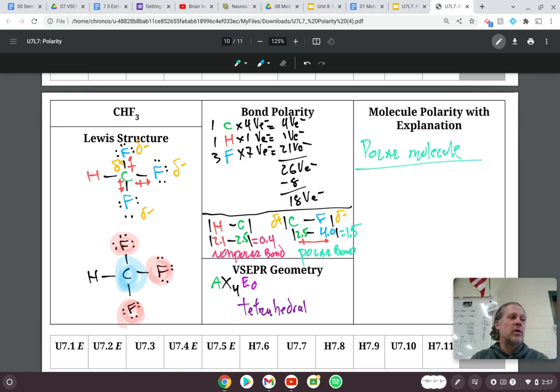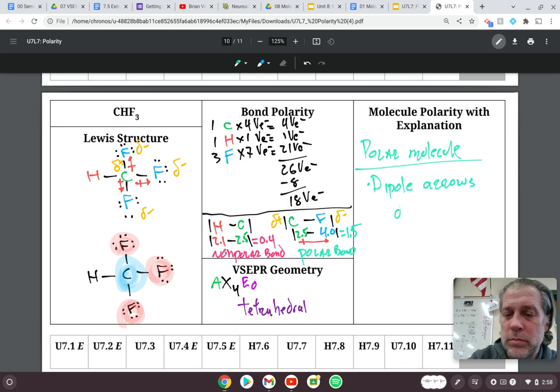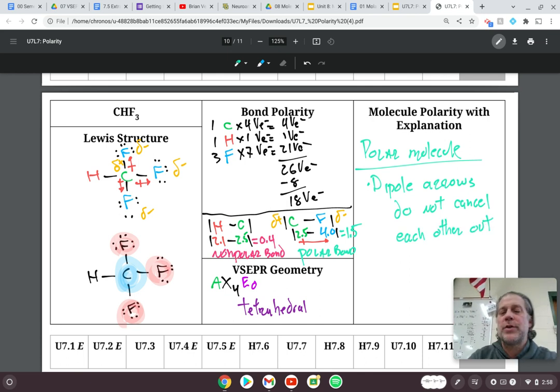It's going to be a polar molecule because the dipole arrows don't cancel each other out. So that makes this a polar molecule.